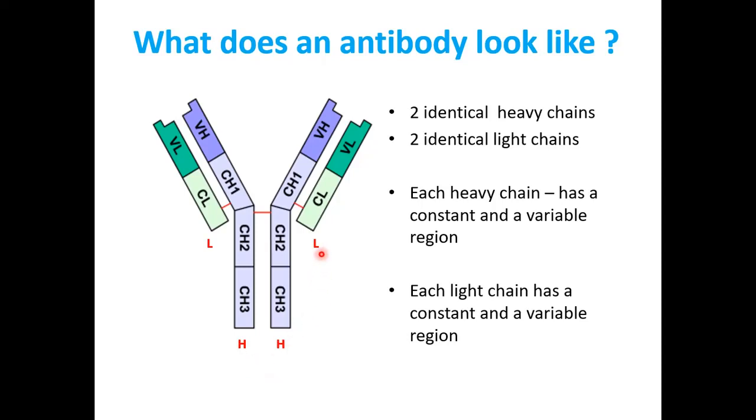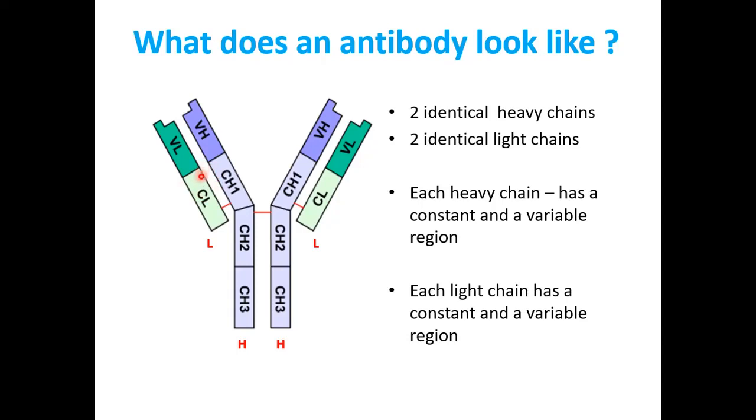As you can see here, the heavy chains are the larger ones and the light chains are the shorter ones. The terms heavy and light refer to their molecular weight. So this means that the heavy chains have more molecular weight as compared to the light chains.